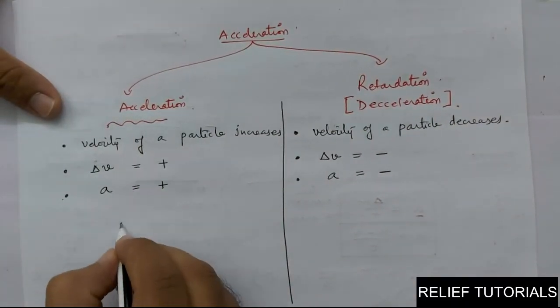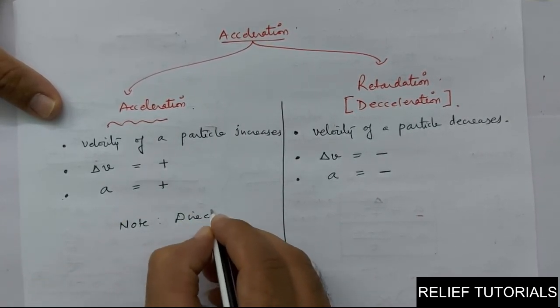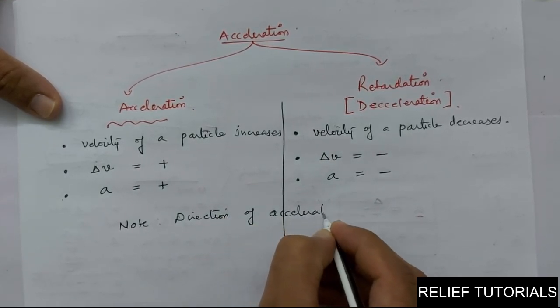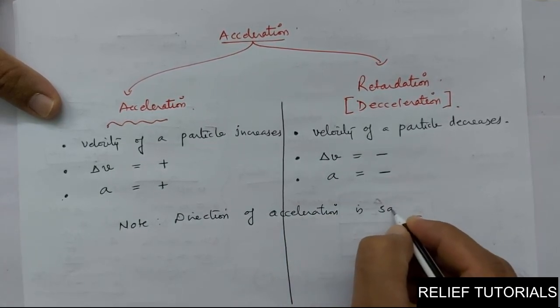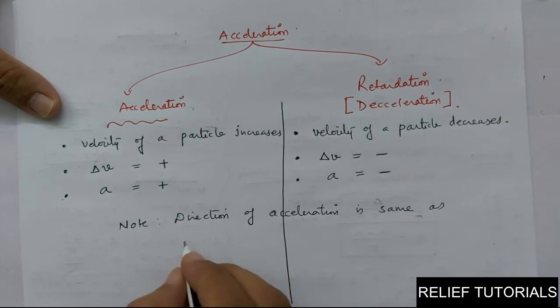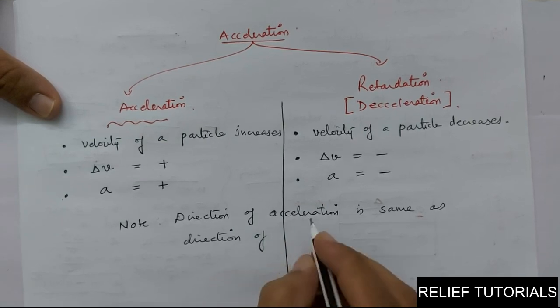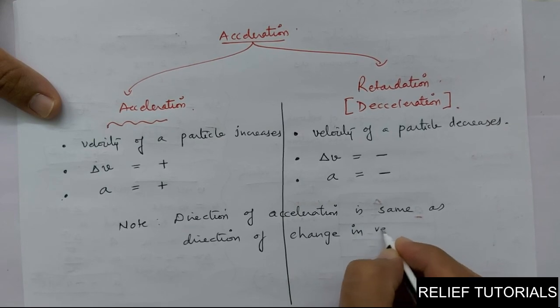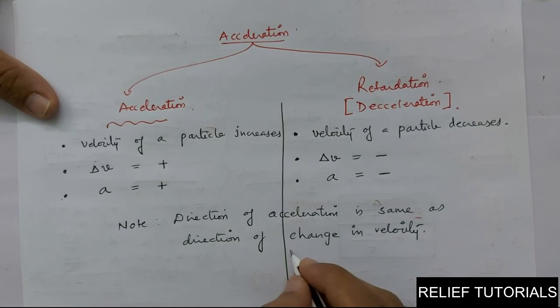Okay, so let me write the note here. The direction of acceleration is the same as the direction of change in velocity, not velocity, it's change in velocity.